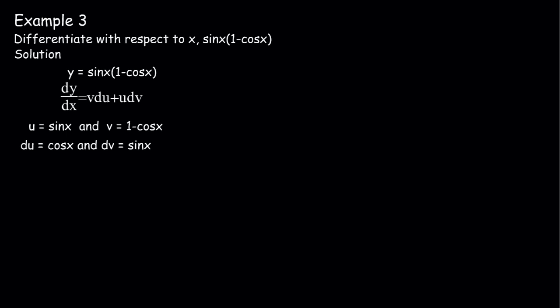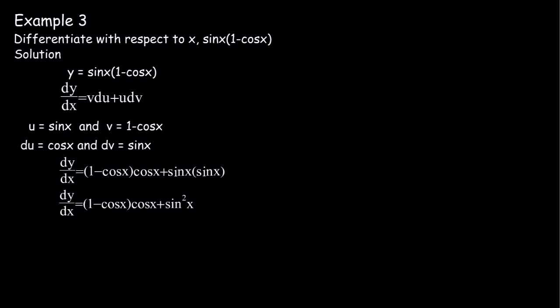Now substituting for u, v, du/dx and dv/dx in our original formula, dy/dx will be equal to 1 minus cos x in brackets, which is v, multiplying cos x, which is du/dx, plus sin x, which is u, multiplying sin x, which is dv/dx. Doing so, our final answer becomes dy/dx equal to 1 minus cos x in brackets, multiplying cos x, plus sin squared x.